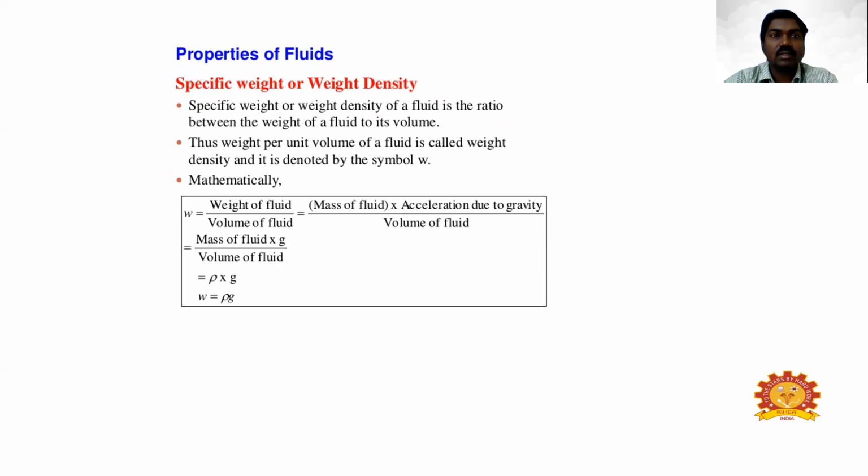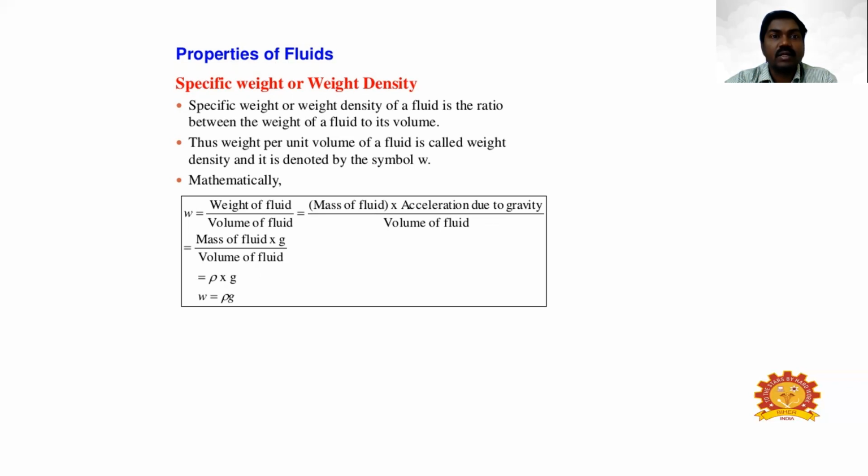So next is specific weight or weight density. We have been discussing only definitions and formulas for each property of the fluid. Now we're going to discuss the specific weight or weight density of the fluid. The specific weight or weight density of a fluid is the ratio between the weight of the fluid to its volume.